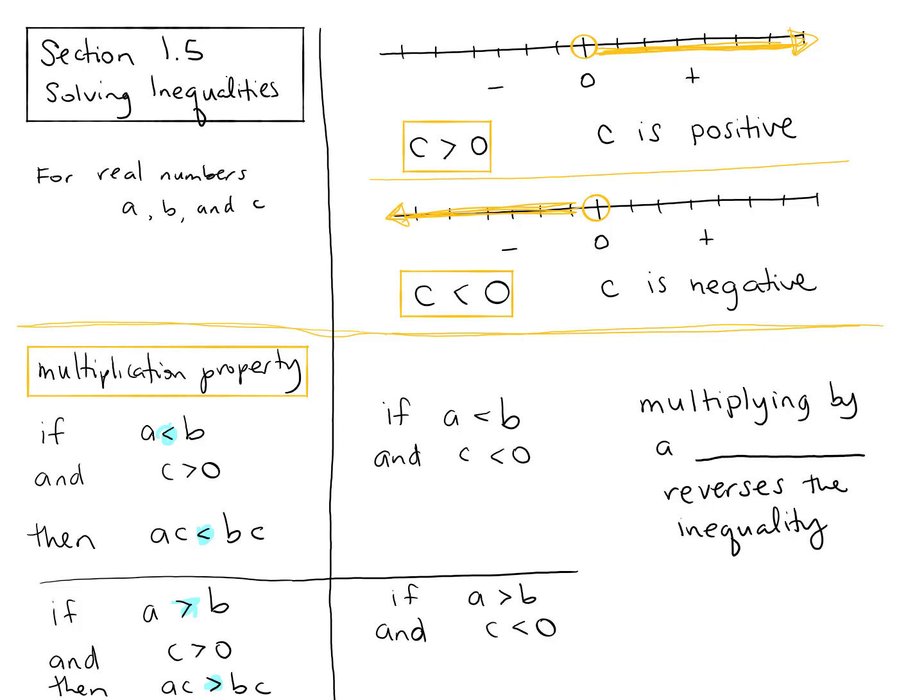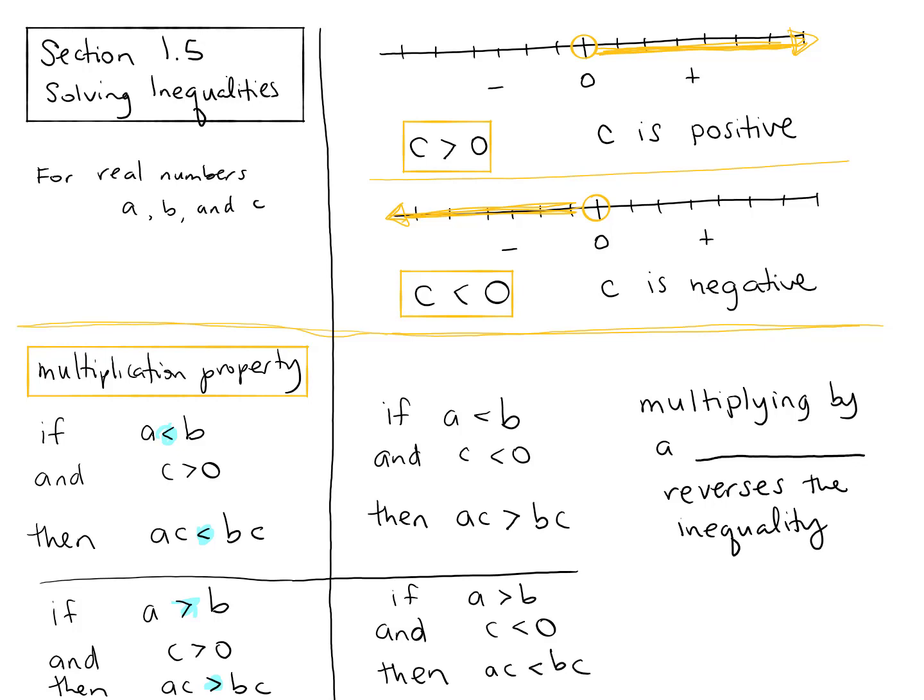Alright, then next, if we have A is less than B and C is negative, then what happens when we multiply? Well, then the inequality symbol gets reversed. And so AC is greater than BC. And if A is greater than B and C is negative, then AC is less than BC.